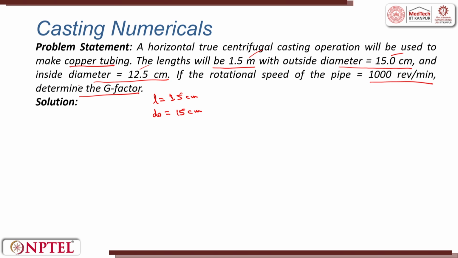Then inside diameter, I will call it as DI, this is equal to 12.5 centimeters. Rotational speed is given here, I will call it as N, this is equal to 1000 revolutions per minute.